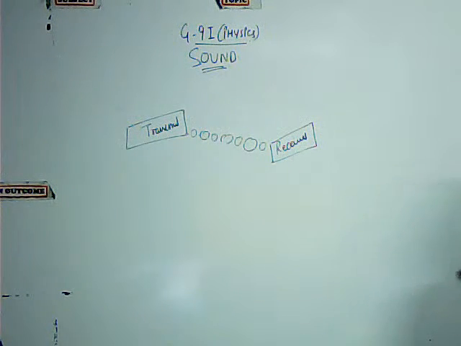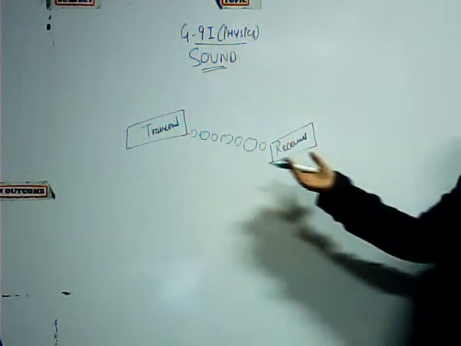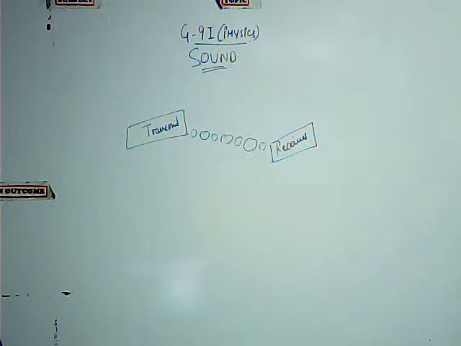Is the transmission going to be faster in this case or slower in this case? Is it going to be faster or slower? Very good. It is going to be faster.